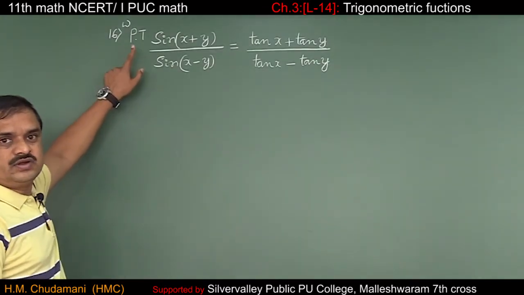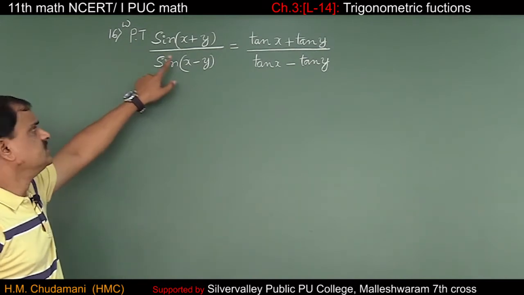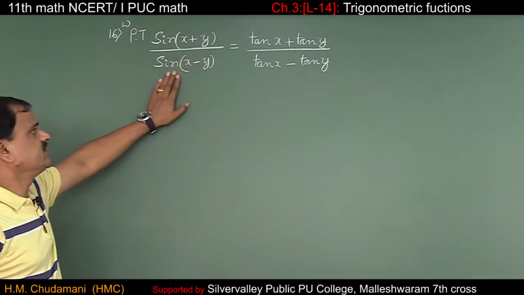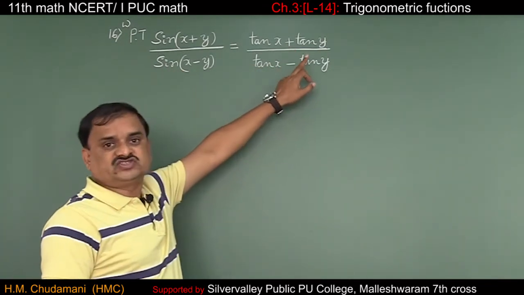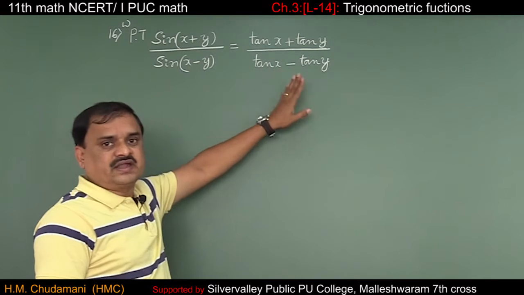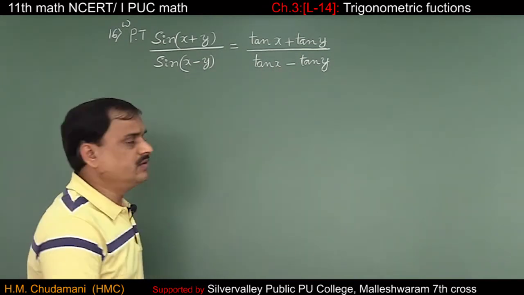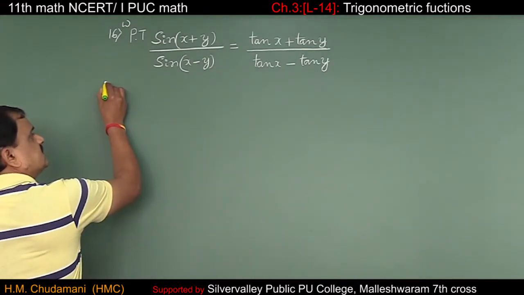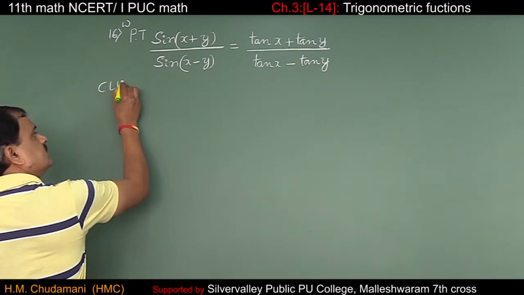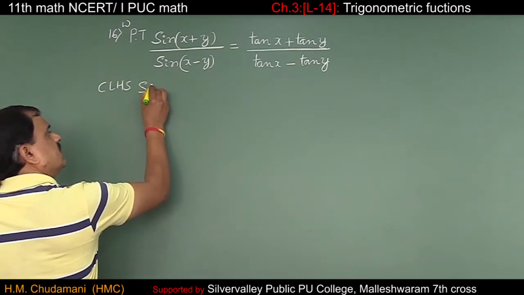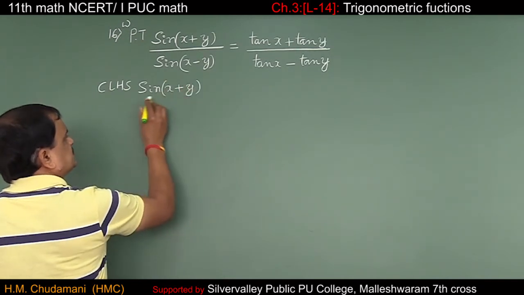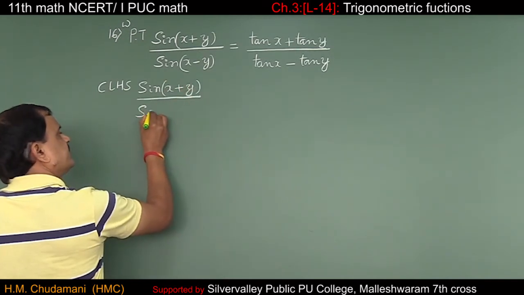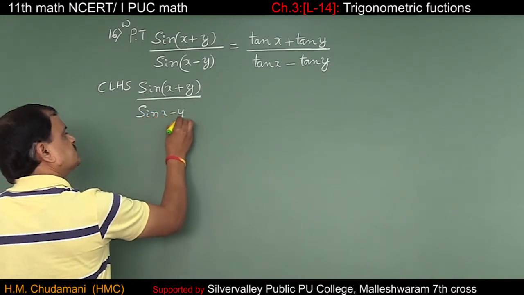16th one, worked example. Prove that sin of x plus y divided by sin of x minus y is equal to tan x plus tan y divided by tan x minus tan y. Consider the left hand side, to prove the RHS. Sin of x plus y divided by sin of x minus y.